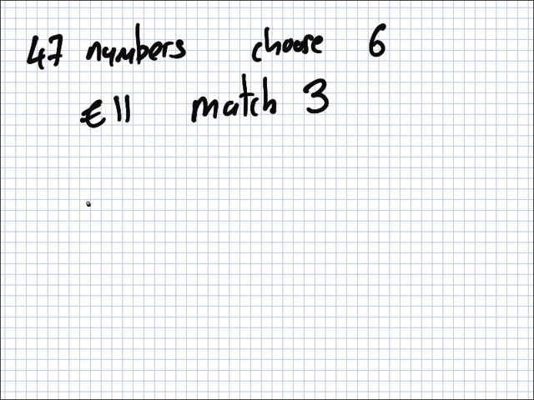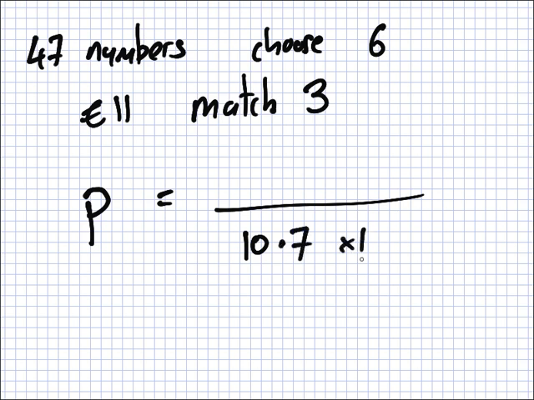We know the formula for probability: it's the total number of outcomes that we want divided by the maximum number of outcomes. Now we already know that. For the lotto game, how many different outcomes are there? Yeah, it was 10.7 million, so 10.7 times 10 to the 6.